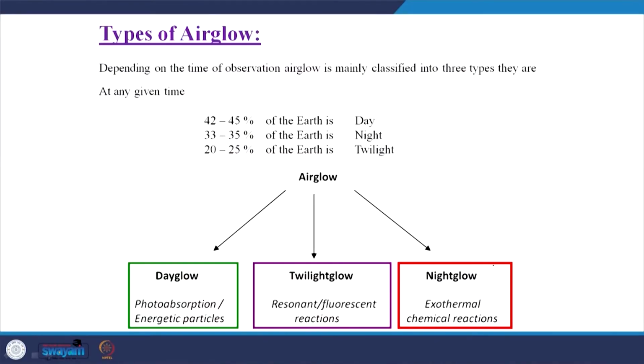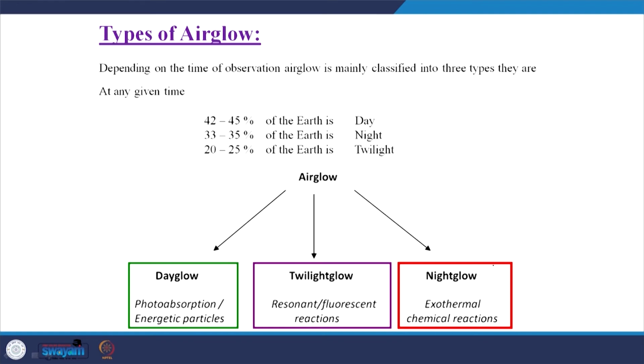Now, the types of airglow. Airglow is basically classified into three different types, depending on the time of observation. They are basically the dayglow, nightglow and twilight glow.